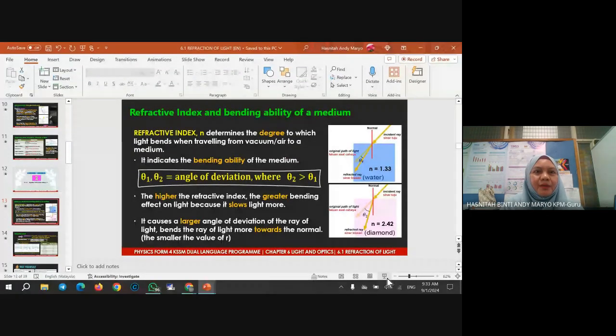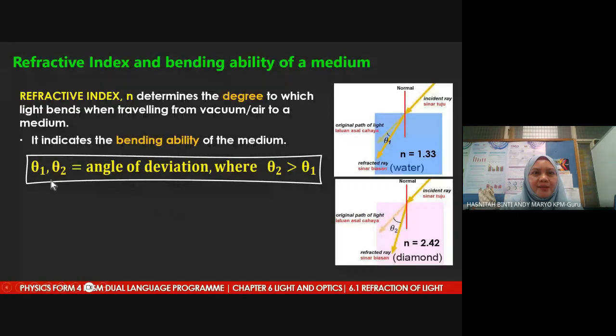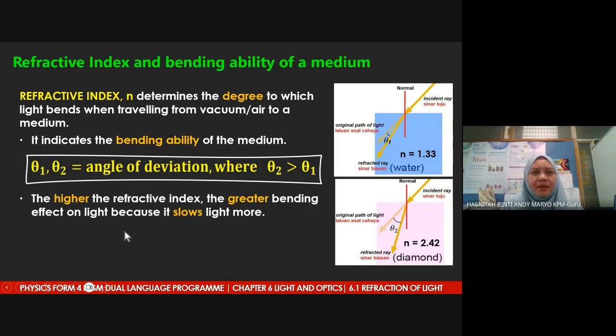Then what do we have next? Theta 1 and theta 2, as I mentioned, are the angles of deviation in both media. Here you can see clearly theta 2 is greater than theta 1. So what we can say here is, the higher the refractive index, the greater the bending ability or bending effect, because the medium is able to slow down light more.